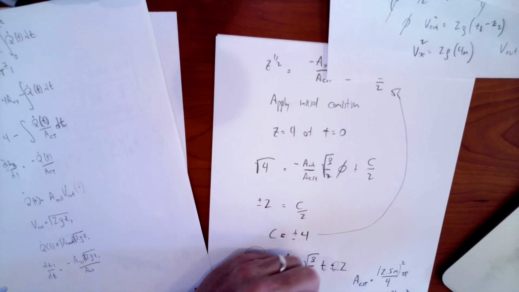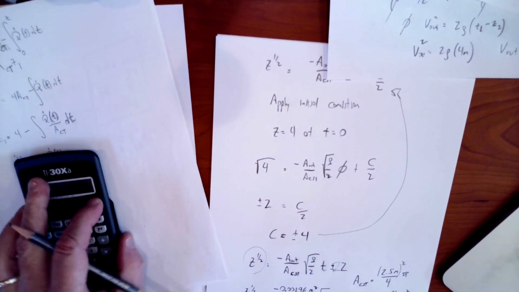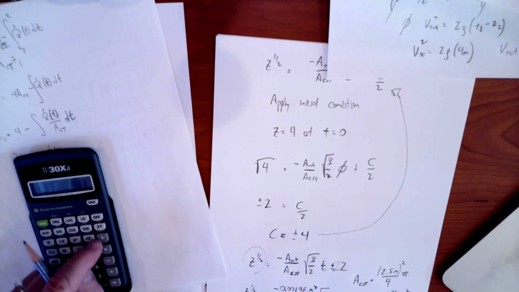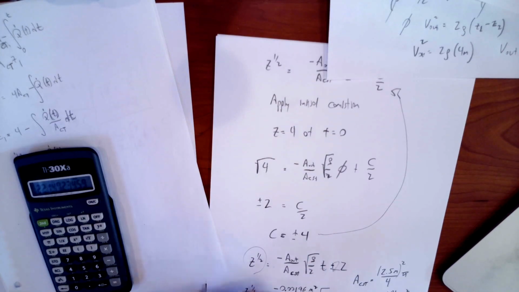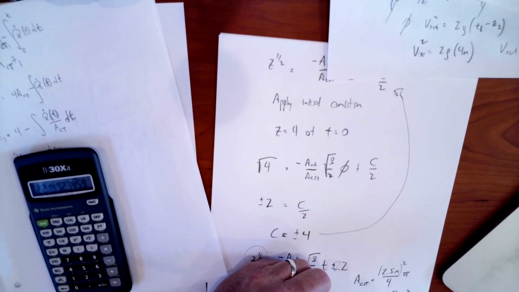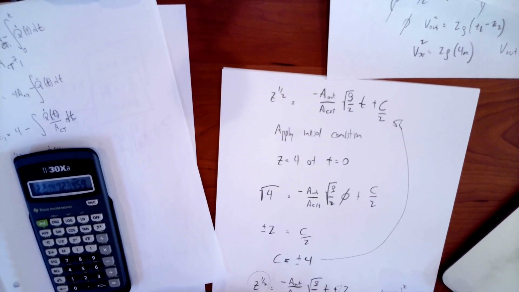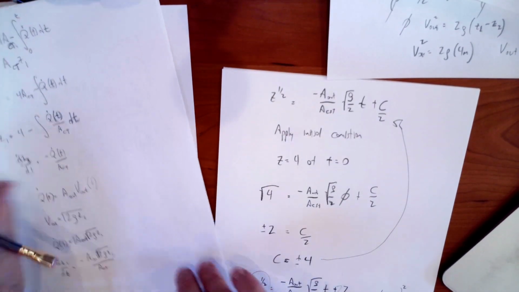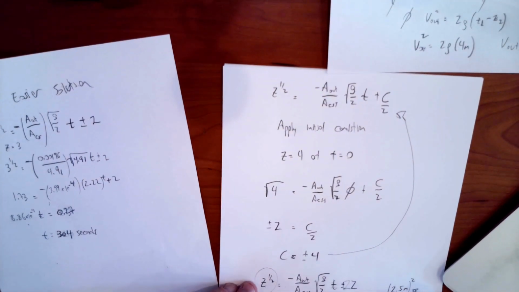So I got that, and I got my square root of g over 2, so that's 9.81 over 2, and square root that, and I get 2.21. Let's put the 2.21 in. 2.21 t plus or minus 2. All right. Well, it looks good.